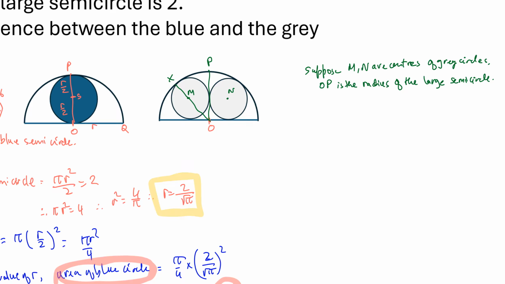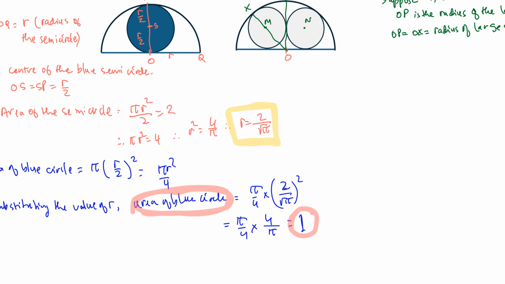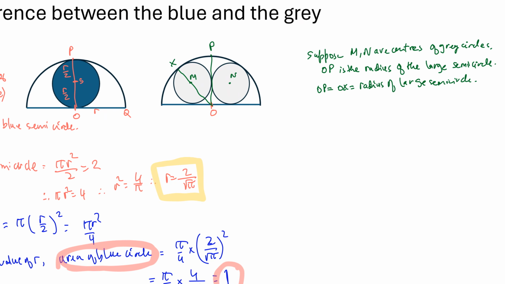So we can say OP is equal to OX, equal to the radius of the large semicircle. We know the radius of the large semicircle is 2 over root pi. So OP is equal to OX is equal to 2 over root pi.